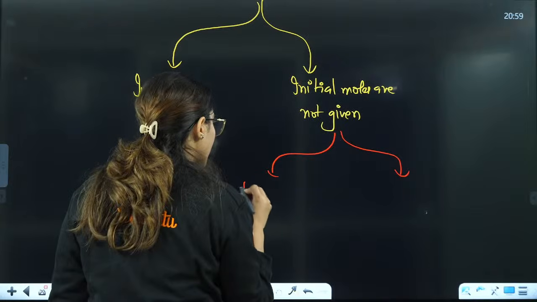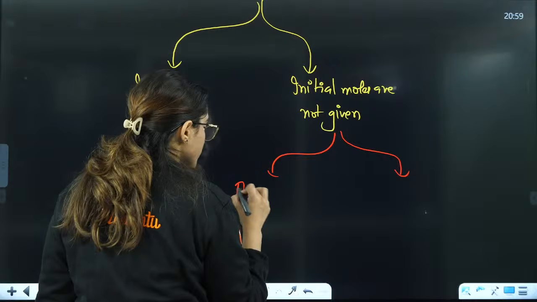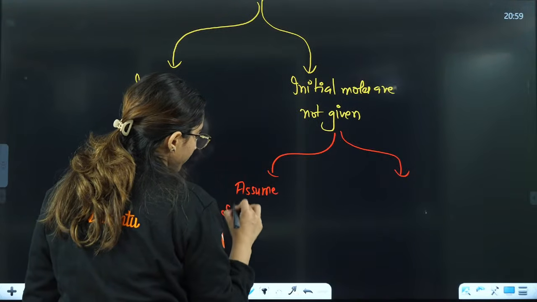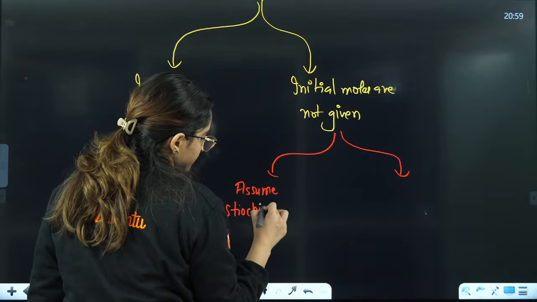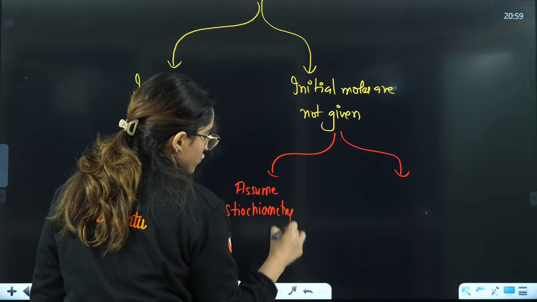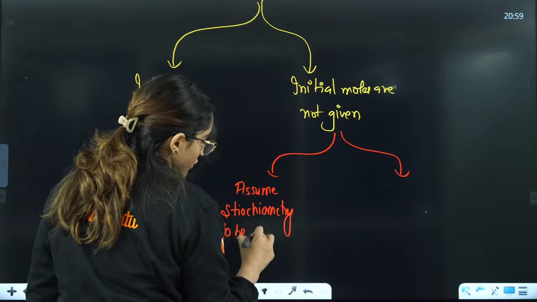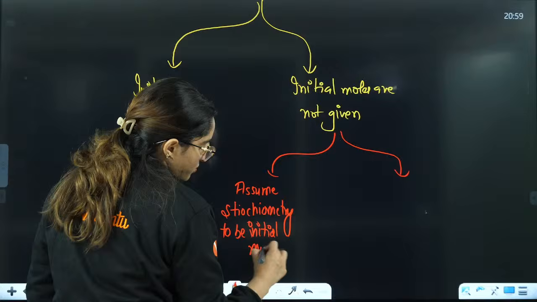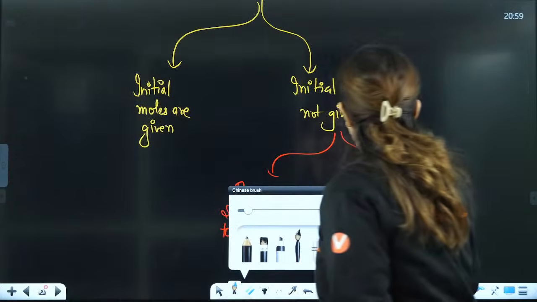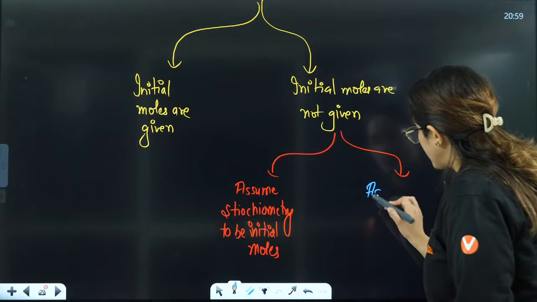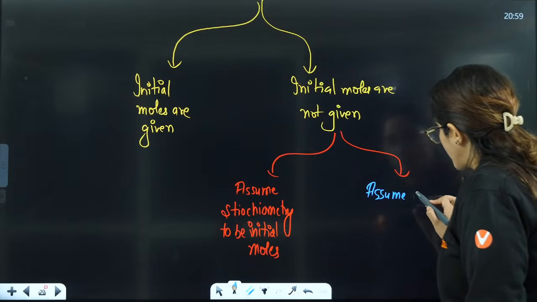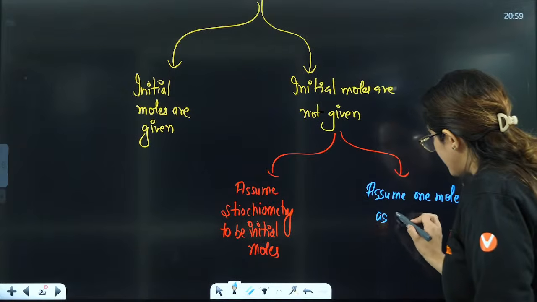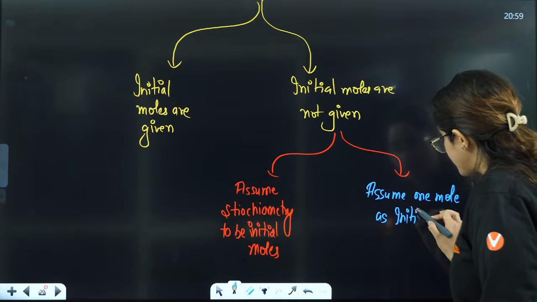Either you assume the stoichiometry to be the initial moles, or you can assume 1 mole as the initial mole.